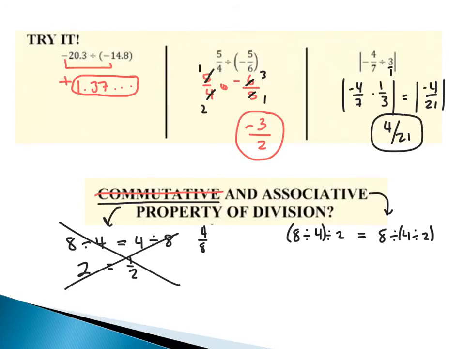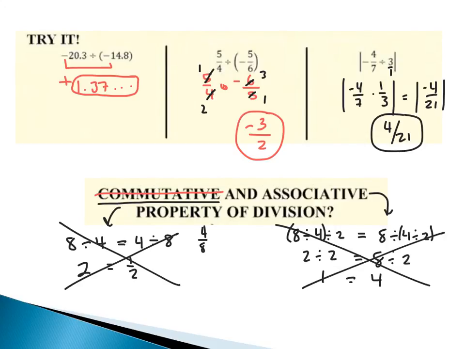So let's take a look. The first one, 8 divided by 4. Well, that's 2. Divide that by 2, your result, and you're going to get 1. Let's see what we get on the other side. This one I'm going to start with 4 divided by 2 first. What's 4 divided by 2? Well, that's 2. So now I'm going to have 8 divided by 2. What's 8 divided by 2? That's 4. Do those equal to each other?